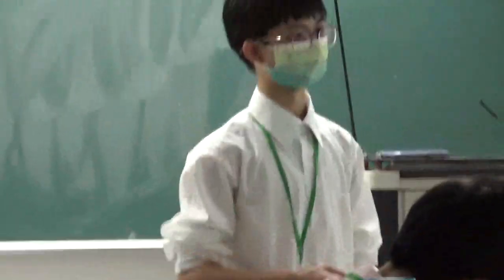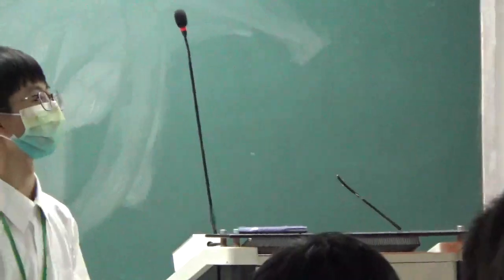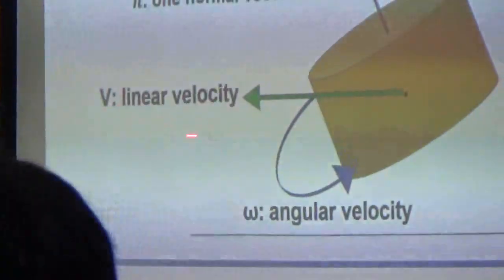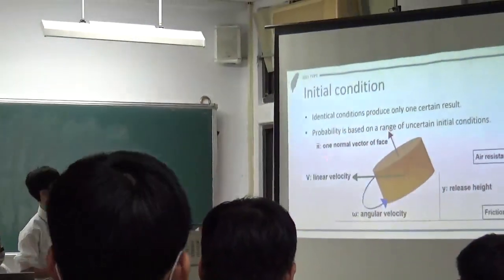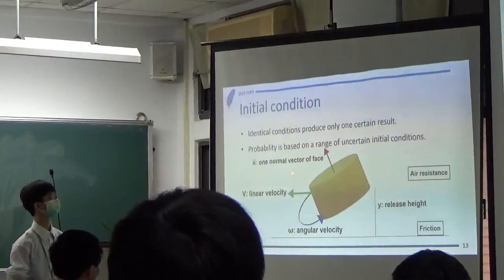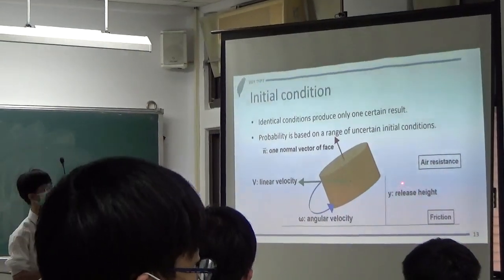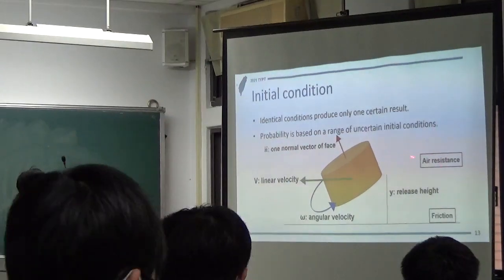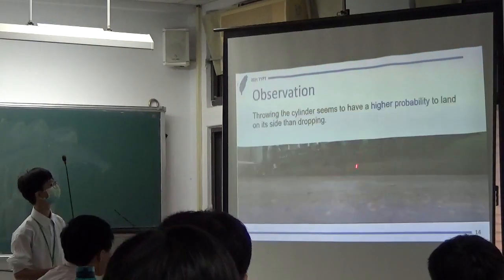And this is the diagram of a cylinder. In this terminology, v means linear velocity, omega means angular velocity, and vector n is the normal vector on the base. And there are two extra conditions, which are experimental conditions.